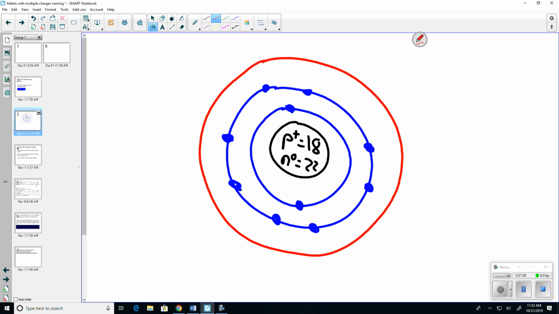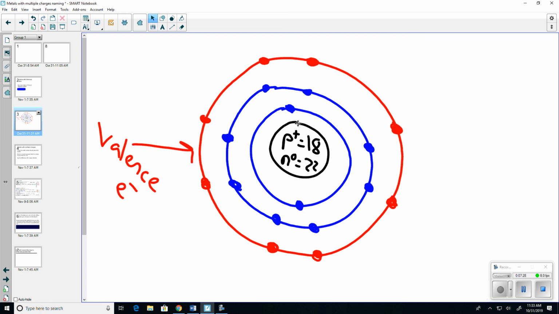Third shell has 8. Now, I did colors specifically for this.